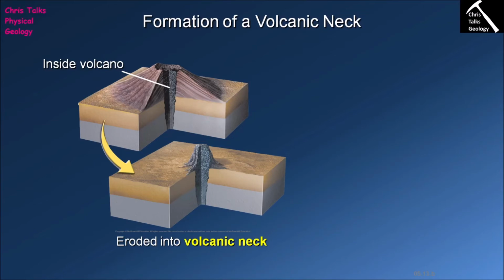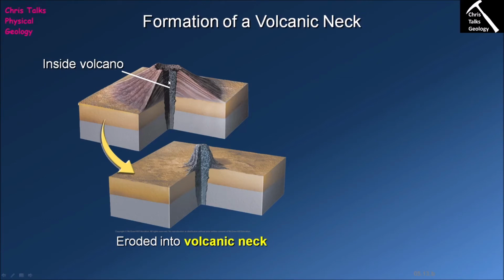And over time you'll have multiple pulses of magma coming up, and each time those pulses, anything that's left over will get trapped in the neck here, and it will cool down and solidify. Now over time, the rock that forms the volcano will often be softer than the rock that forms the volcanic neck, and so the volcano will erode away relatively quickly.